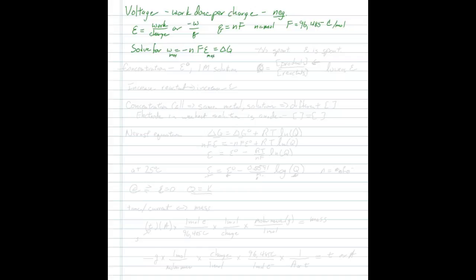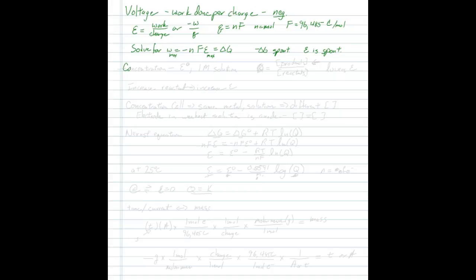So the maximum voltage you can get out of the system will give you the maximum amount of work possible. So if you want a negative delta G, E has to be positive. Since negative delta G is spontaneous, a positive E is spontaneous, which is what we dealt with before.